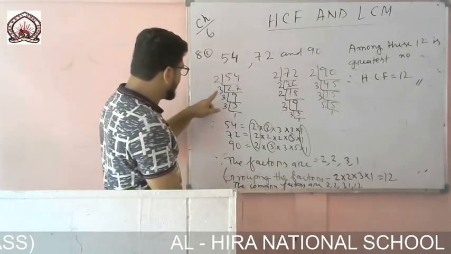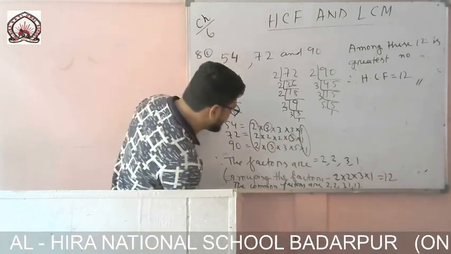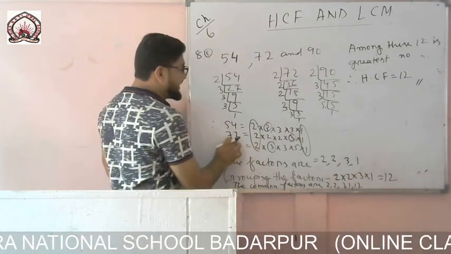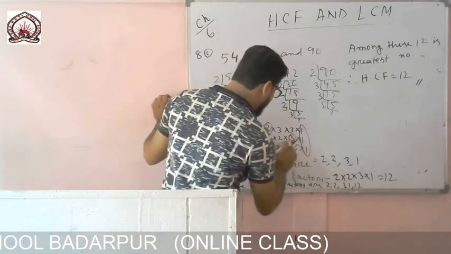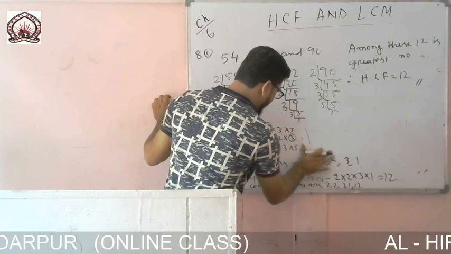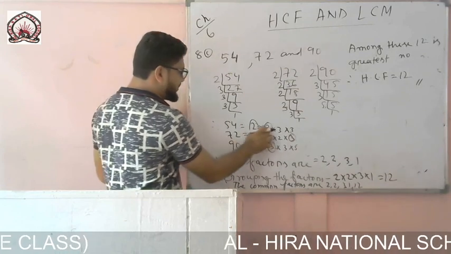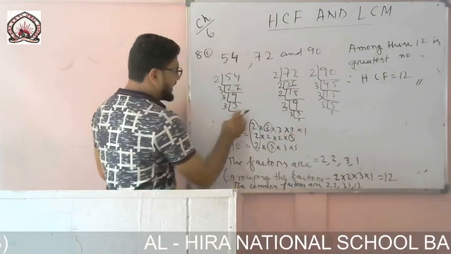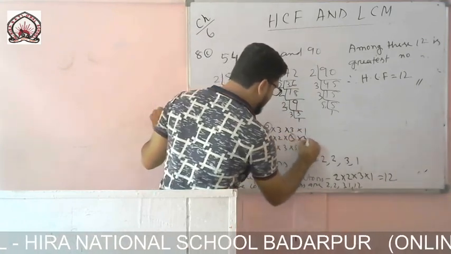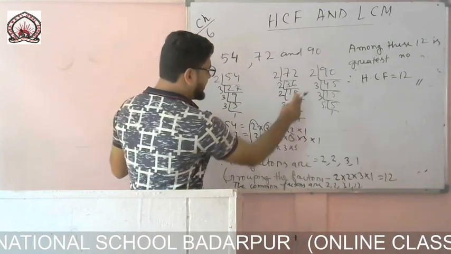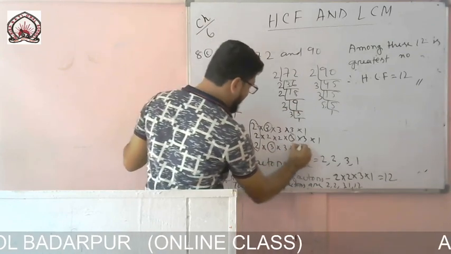So here 54 is 2 into 3 into 3 into 3 into 1. And in 72, 2 into 2 into 2, 3 into, yes, another 3 I missed here. You check again: 3 into 3 into 3 into 1. Then 90 is 2 into 3 into 3 into 5 into 1.